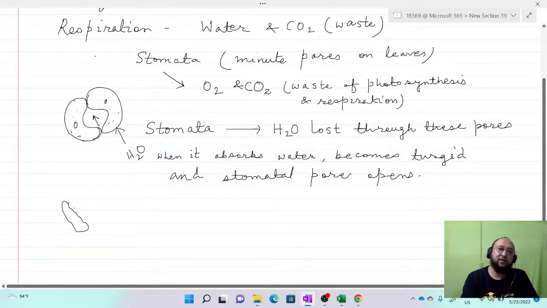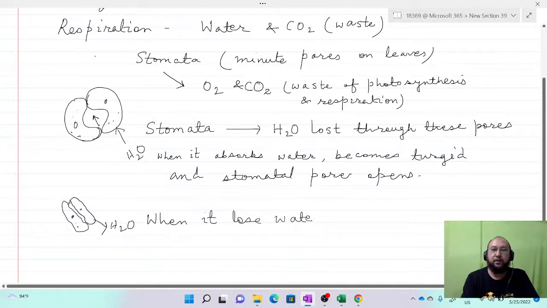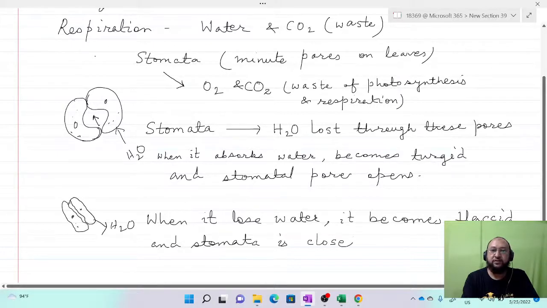After losing water, it becomes flaccid, and the stomata is closed.